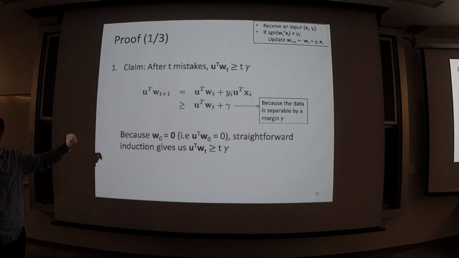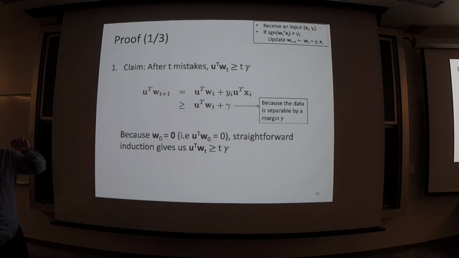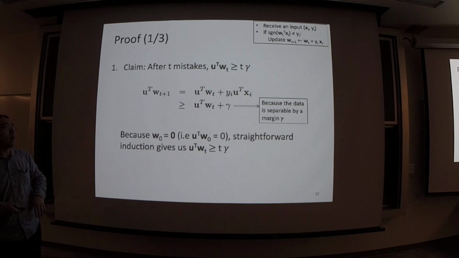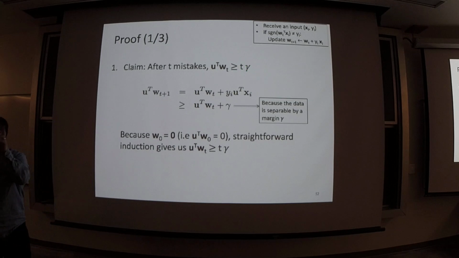So let me summarize briefly. My general conclusion is that when I run the perceptron, after I make t mistakes, I can claim that the inner product between the unit vector u and the current weight vector is no less than t times the margin gamma. I can prove this using induction, which consists of 2 steps.